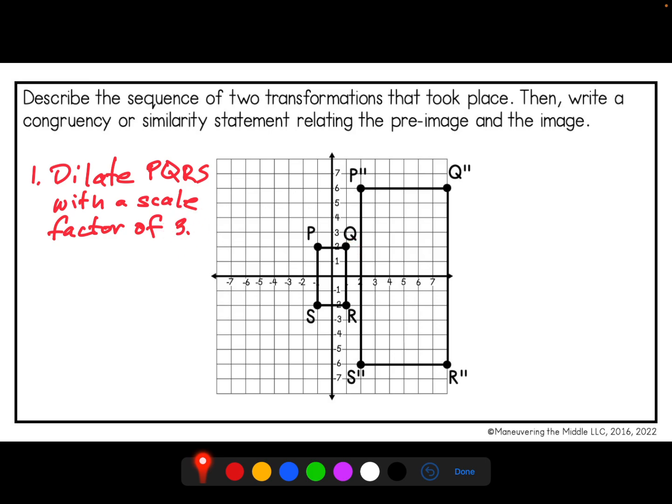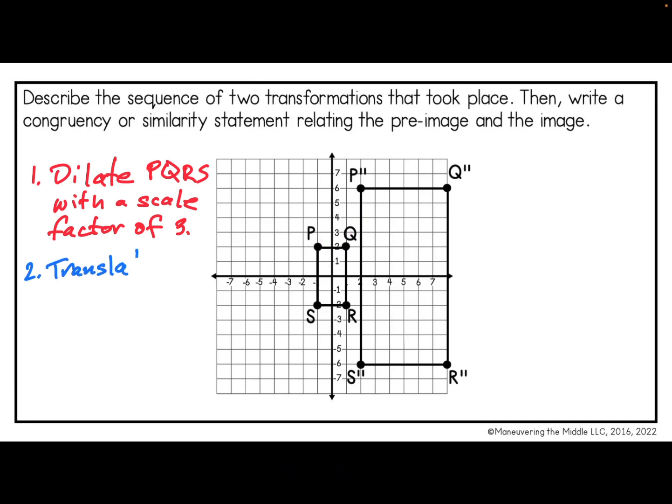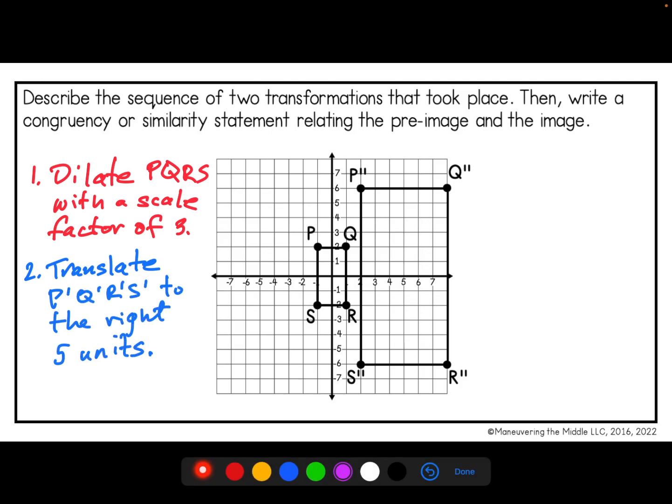So now that we have it dilated, it's going to be right here. It's going to be this distance right here. So it's going to dilate straight out from the origin. So we'll get this figure right here. And then we are going to take that and translate it to the right 5 units.